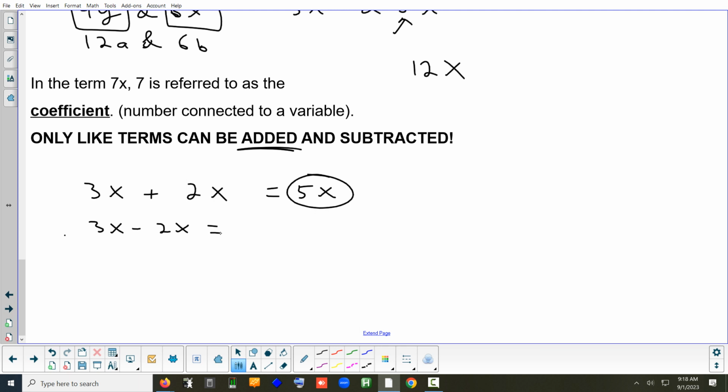One, right? Would leave you with just one of the x's. Or if you write x, that means the same thing. So 3x take away 2x, you leave the letter the same, and you just subtract 3 minus 2.